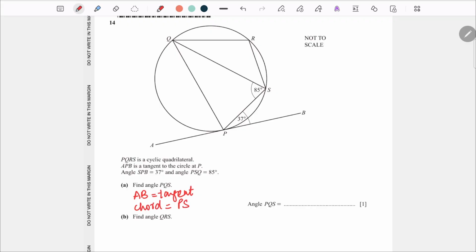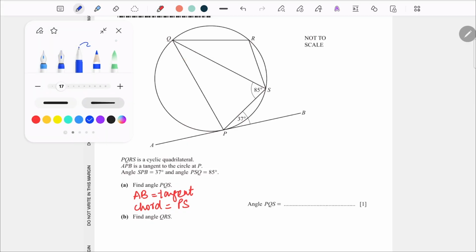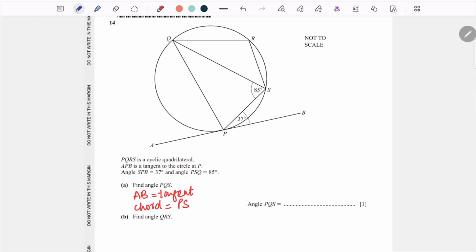PS is the chord. So the angle between the tangent and the chord is 37 degrees. And the alternate segment in this case is PQS. So this is the alternate segment. So PQS will also be equal to 37 degrees according to the law of alternate segments.